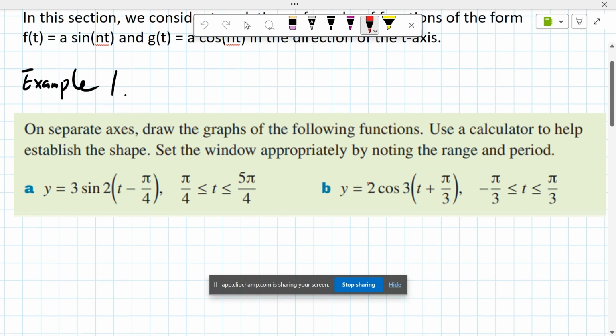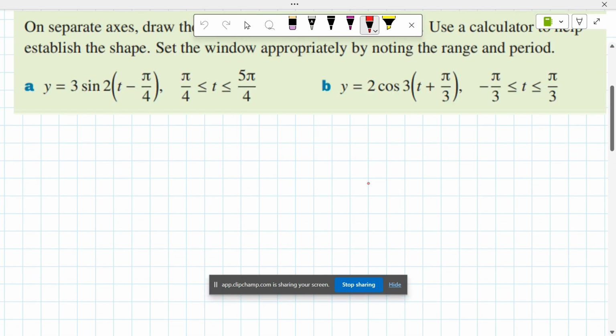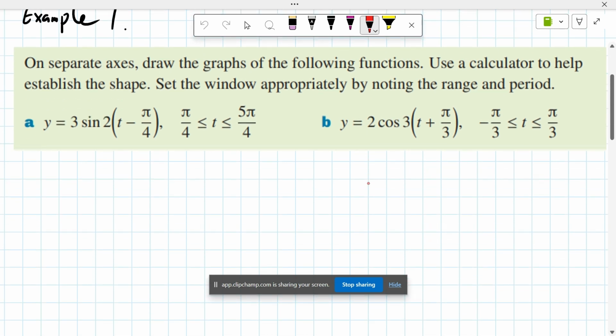So we're going to try graphing with those two first. First things first, we're going to understand how to use the calculator to find the range and the domain.